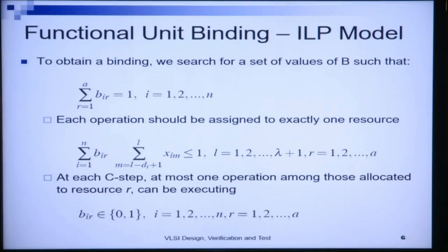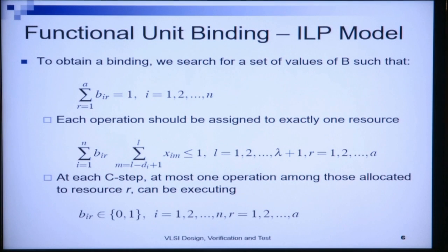So, at the current time step, operation i is executing only if it has started at most d_i time steps earlier than the current time step, and this value will be 1 when operation i is executing at the current time step. Now, we come to the first term here. What does this first term tell me? Summation over i equals 1 to n of b_ir. That means, for each resource r, what do I want to determine?